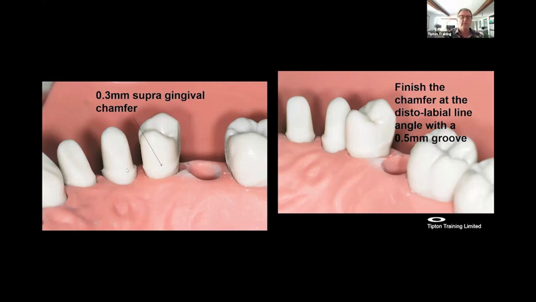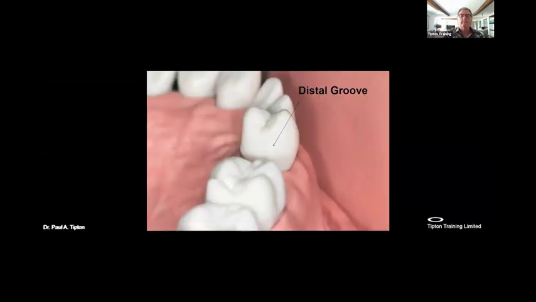Okay, the further down you put your groove, the more you go into an undercut area, and the more tooth preparation you have to do to get your guide planes. But my guide planes need to have my 12-degree convergence angle, 6-degree axial inclination. Okay, and now we'll decide where we're going to put our groove.